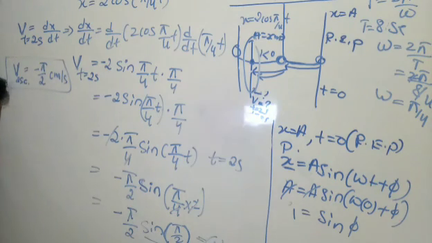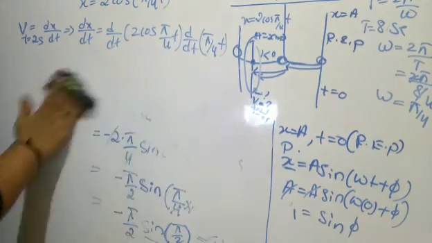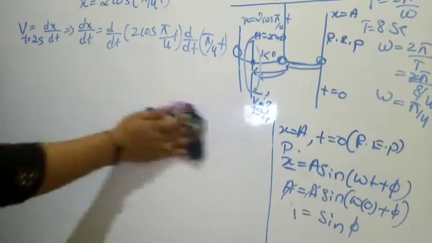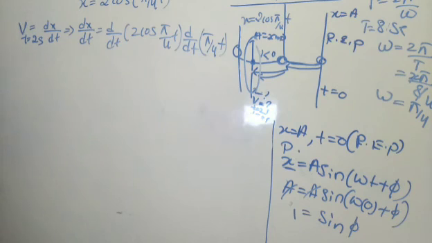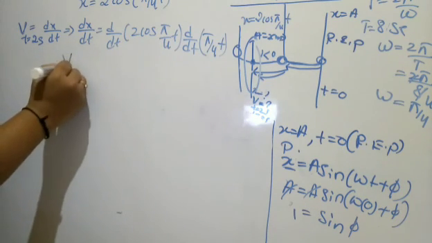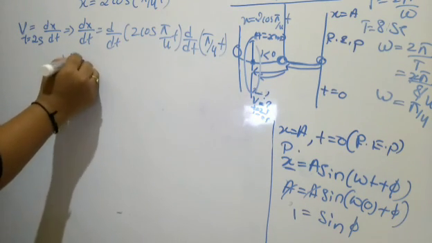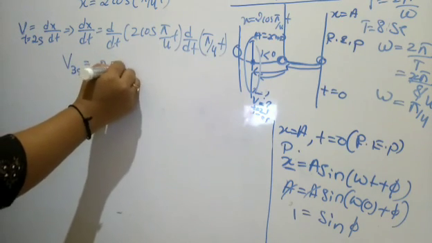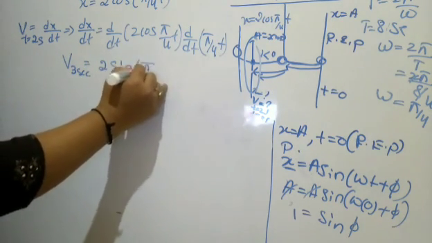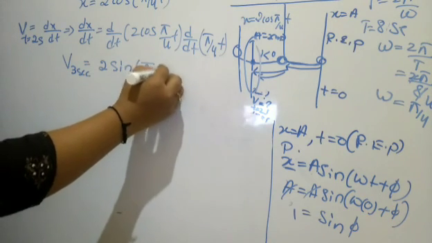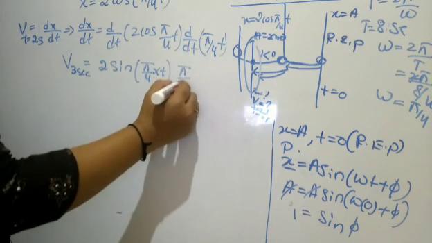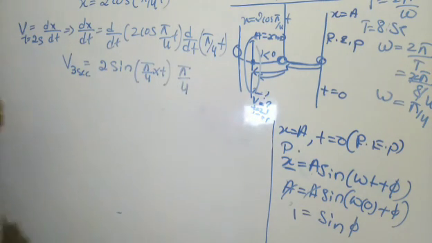Now we will move towards the velocity at t is equal to 3 seconds. So what are we getting? Velocity at t is equal to 3 seconds: 2 sine of pi by 4 into t. So again pi by 4, right?